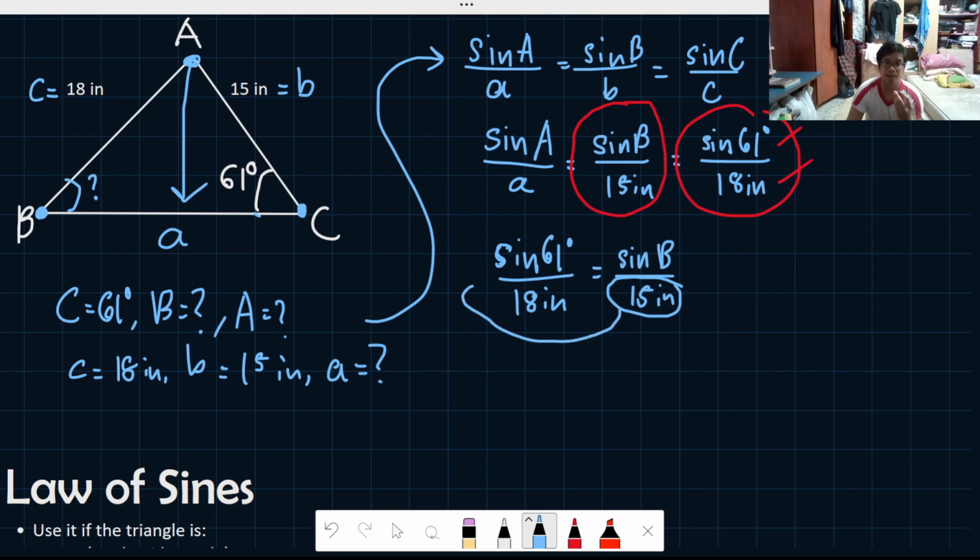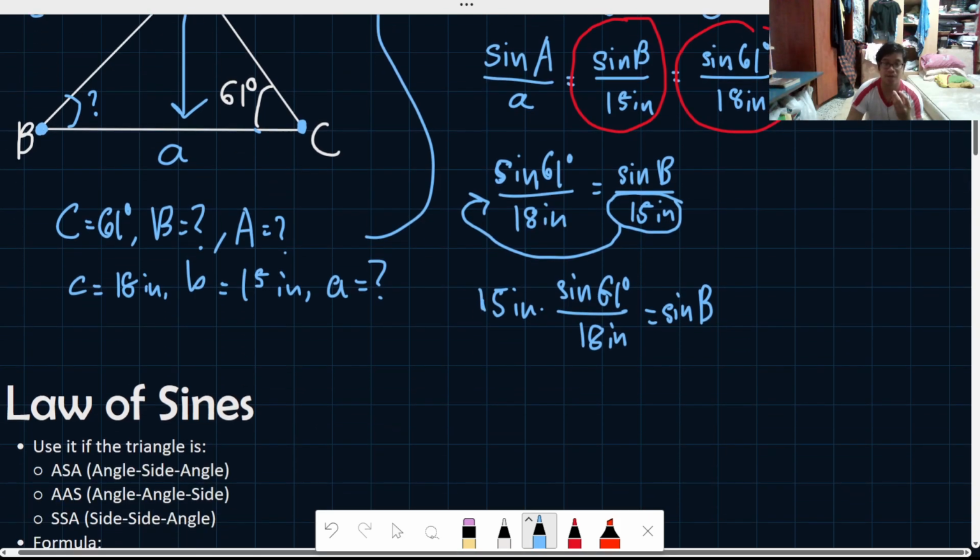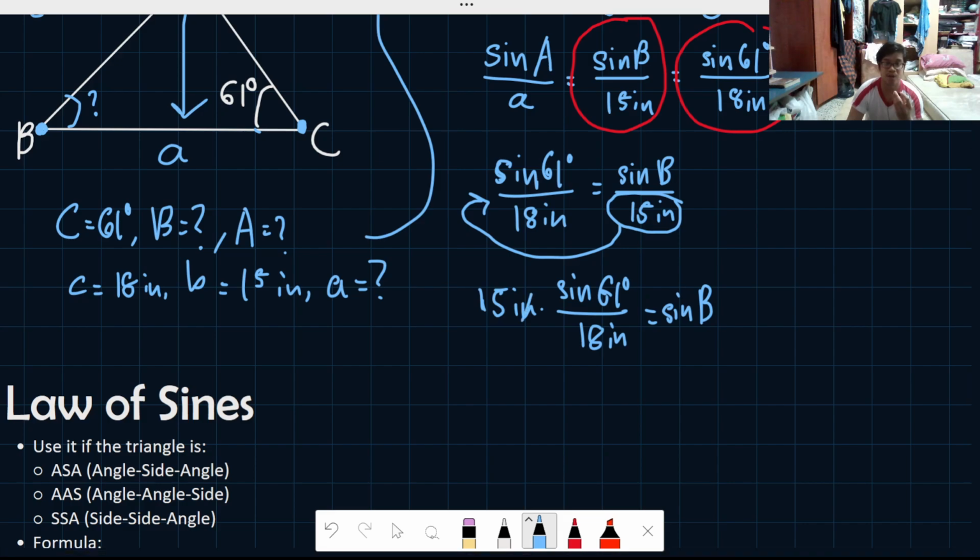We can put 15 inches beside this fraction. It's valid. So we will have 15 inches times sine of 61 degrees all over 18 inches is equal to sine B. Now you can multiply them together. If you multiply them together, the units are canceled. So what's left is 15 times sine of 61 degrees all over 18 is equal to sine B.